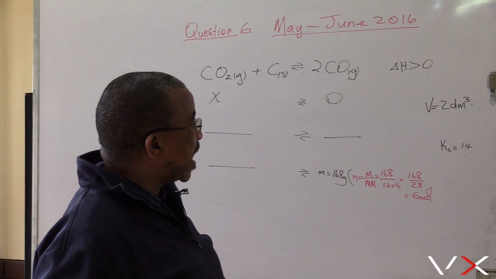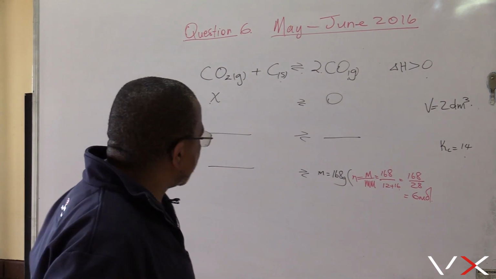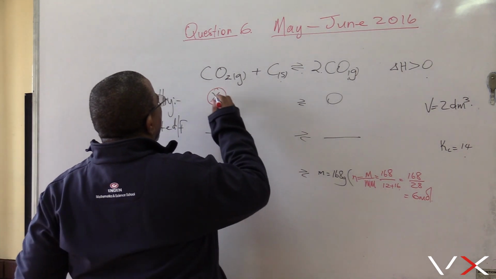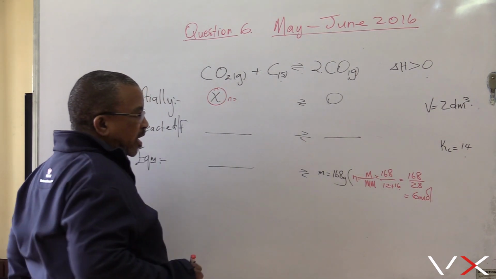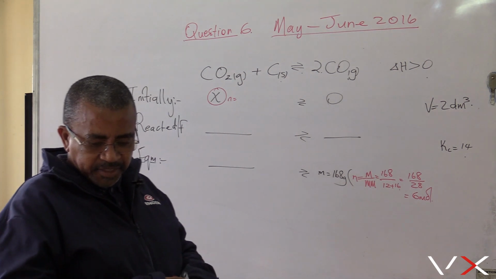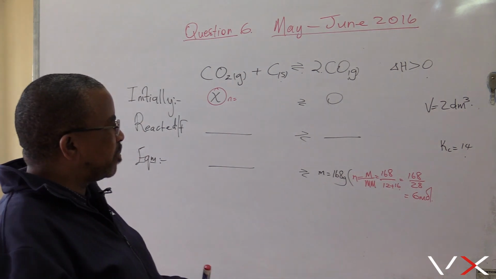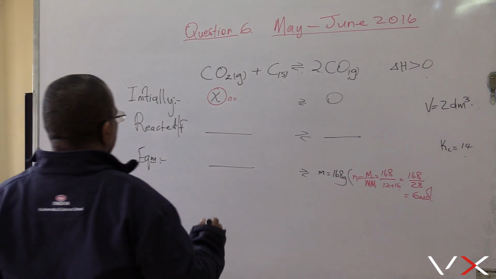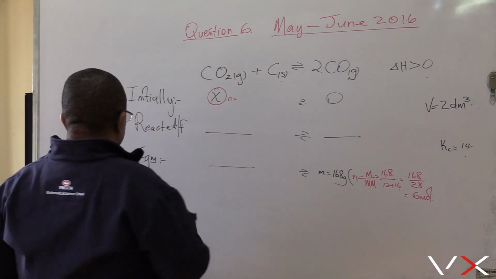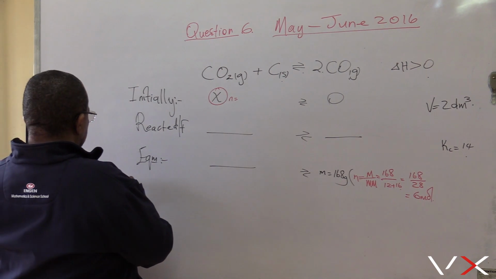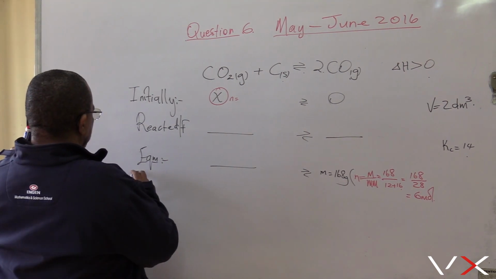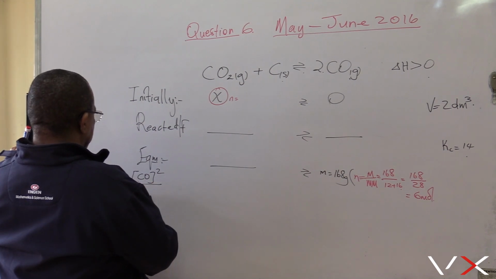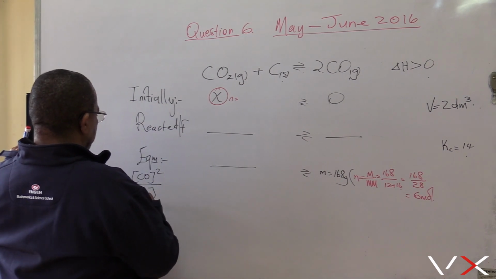Calculate the initial amount in moles of CO2. Sifuna ukuchecka ukuthi engakanani le ngwenya ekade ikhona. Siyahlehla ke siyobheka ke manje the value of Kc. Sithola ukuthi Kc is equals to concentration of CO squared over concentration of CO2.